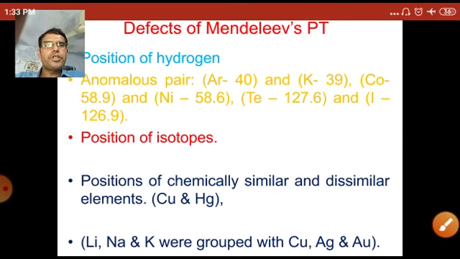Lithium, sodium and potassium were grouped with copper, silver and gold. All are metals, but all have dissimilar properties. But in the Mendeleev periodic table, all these elements are arranged in the same groups.